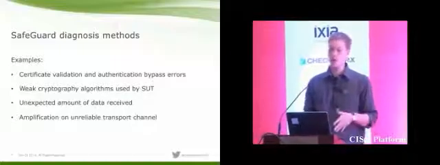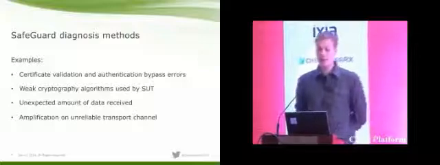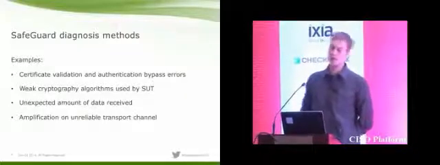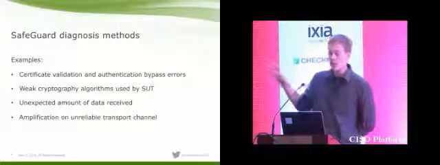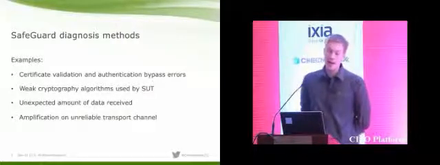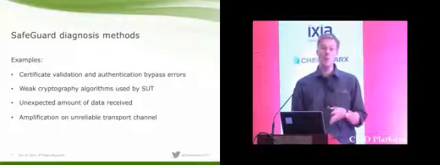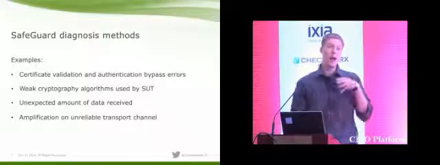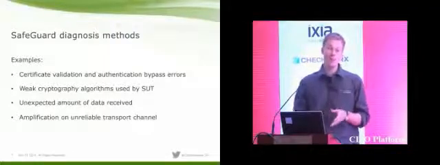Then we give warnings if the target system is for some reason accepting weak cryptography algorithms. And what is interesting in this case is the unexpected data check, which detects if we are receiving more data than we should according to the valid case.